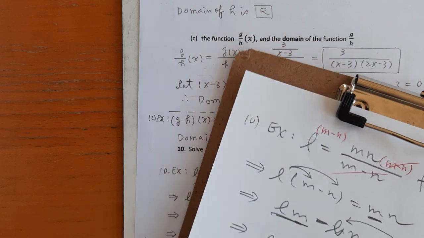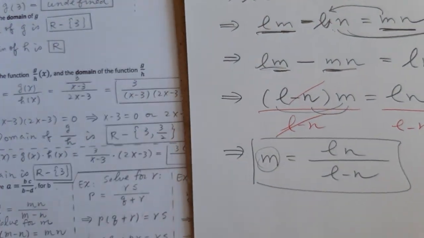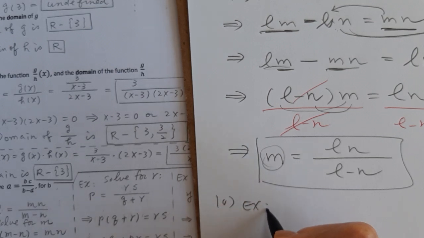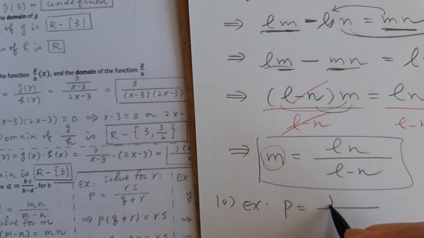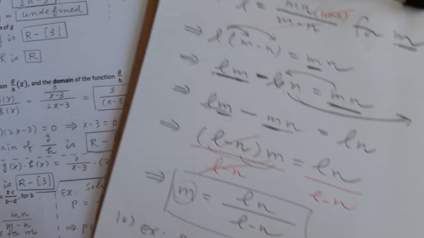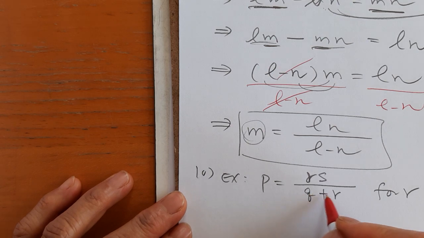That's solve for m. Another question 10 example, like p = rs over (q + r). Solve for r. Also, you multiply by q plus r.